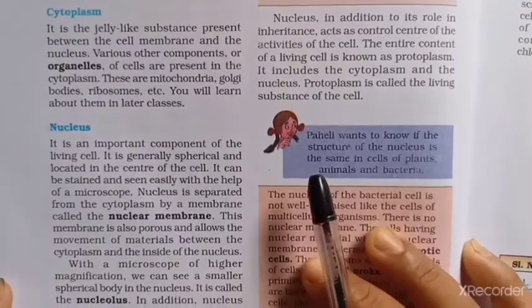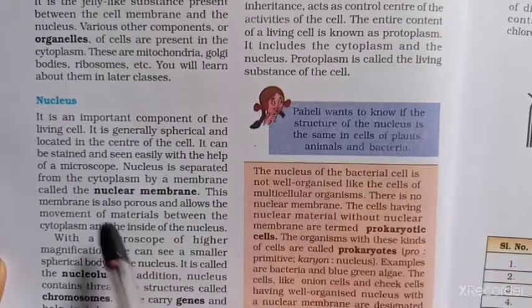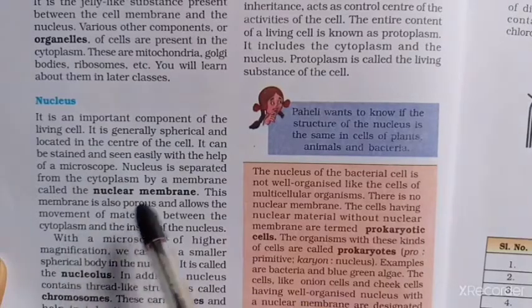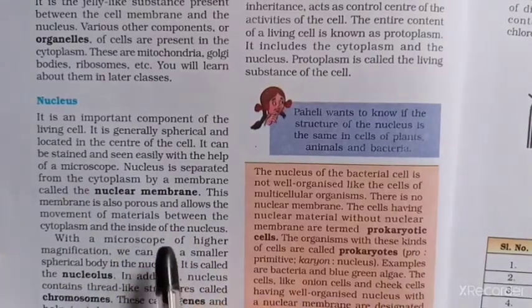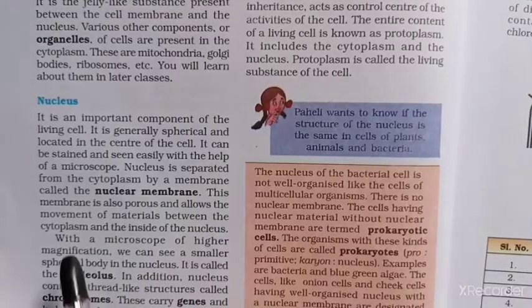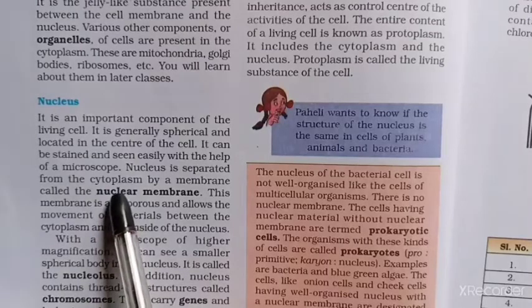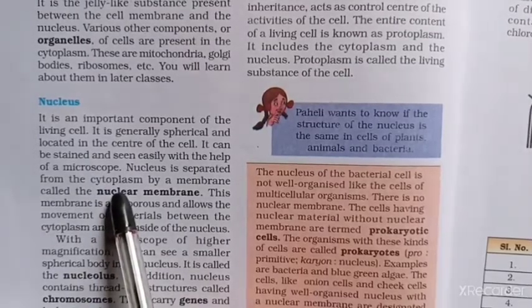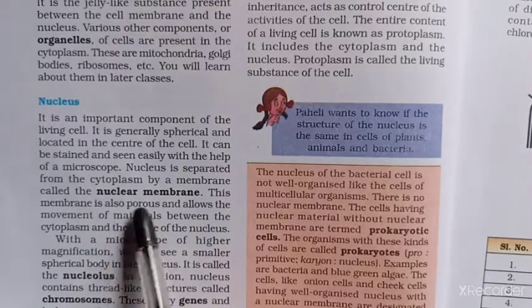So here we are discussing the nucleus, one important part of the cell. It is generally spherical and located in the center of the cell, and it can be stained and seen easily with the help of a microscope. Nucleus is separated from the cytoplasm by a membrane called the nuclear membrane.